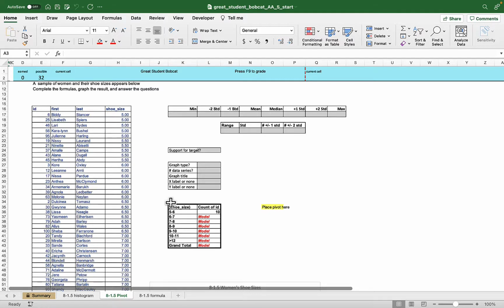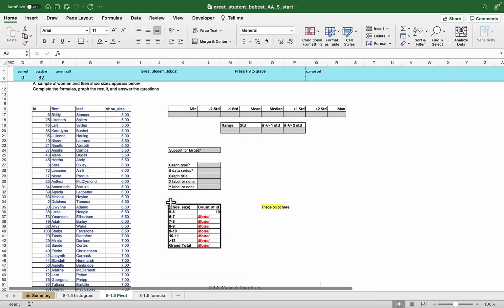The square bracket means that the lower bound is included in this line, and the parenthesis means the upper bound is not included, which means these are all shoe sizes 5, 5.5, but 6 is not included. Whereas here, 6 is included, 6.5, and then 7 is not included.